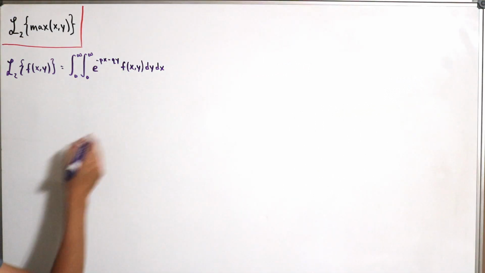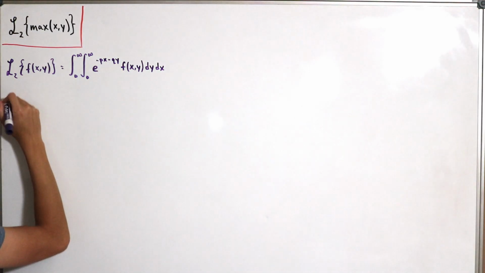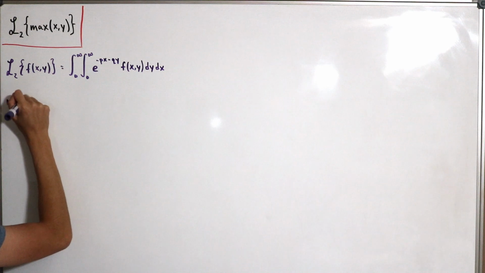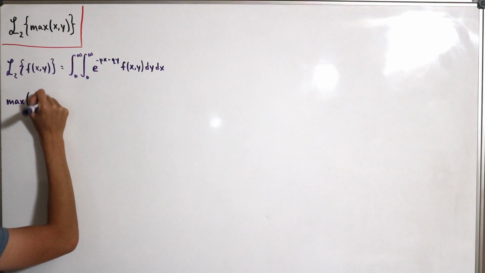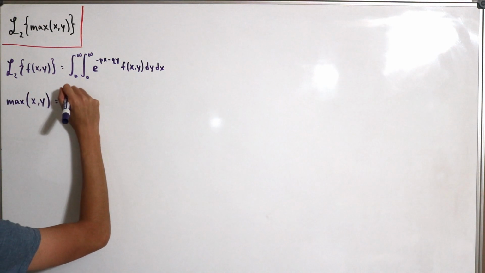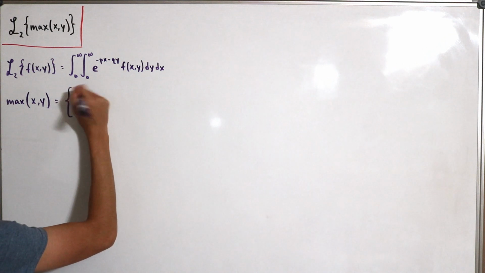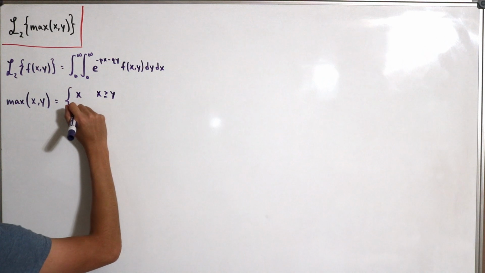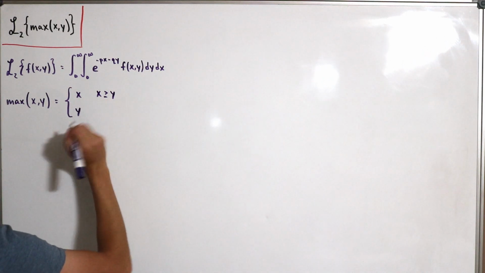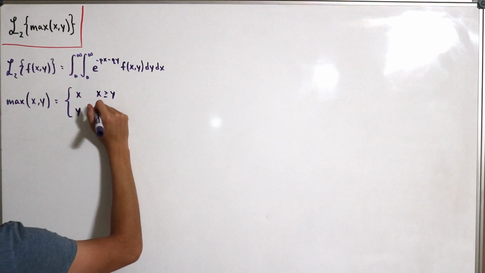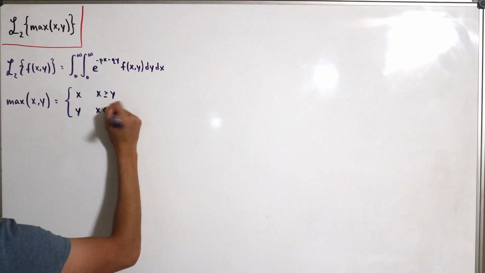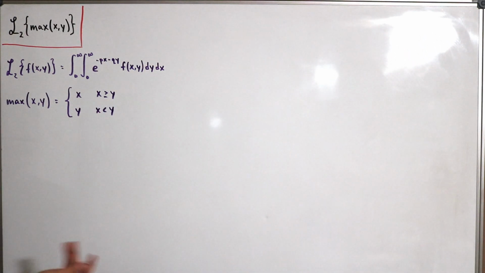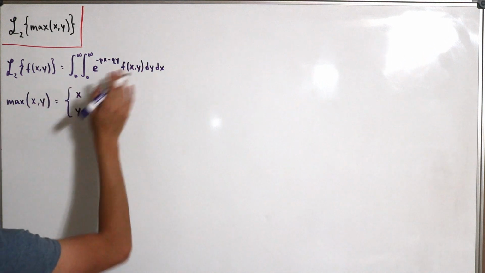Now, defining what the maximum of x, y is exactly: it can take two outputs. One is x, if x is greater than or equal to y, or its output is y, if x is strictly less than y. So we have two different values when we plug in our max.